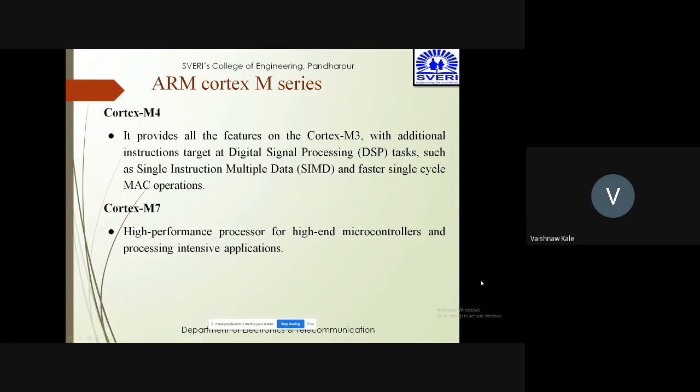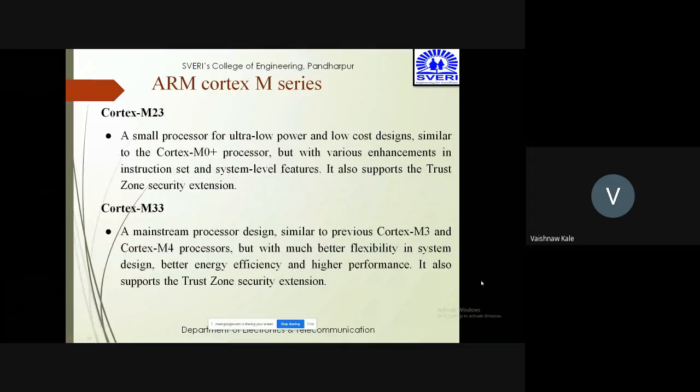Cortex M4 provides all the features of M3 with additional DSP and single instruction, multiple data, and faster single cycle MAC operation. M7 is a high performance processor for high end microcontrollers and processing intensive applications.